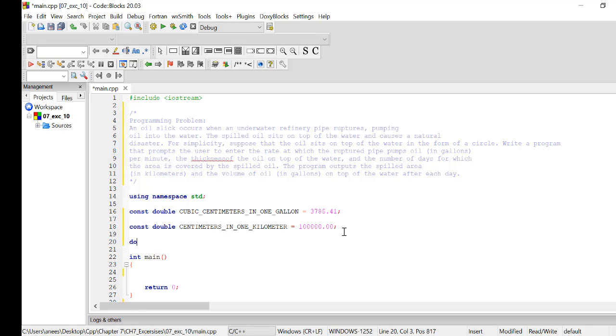And then right here we can write a function prototype and name it oil slick area.